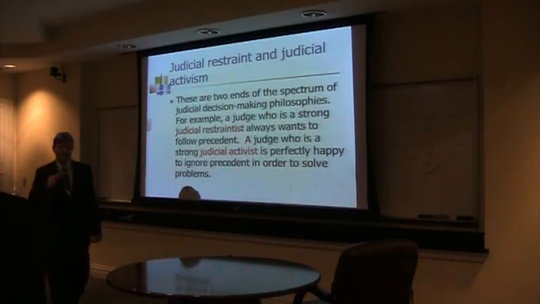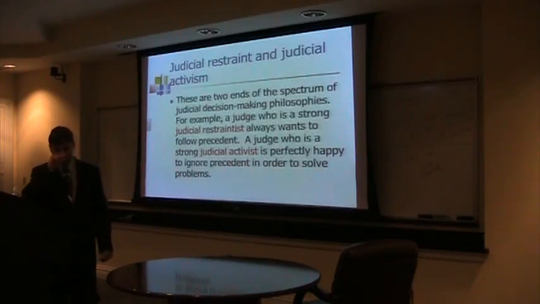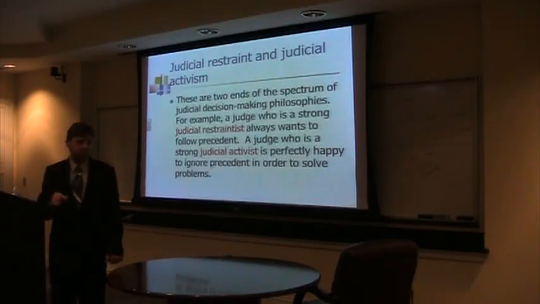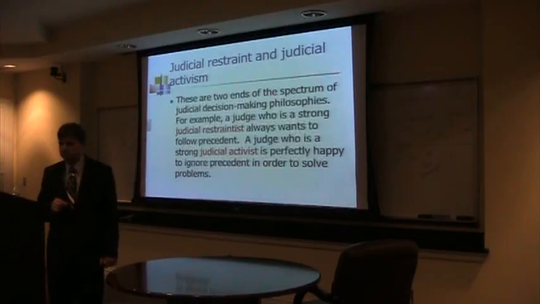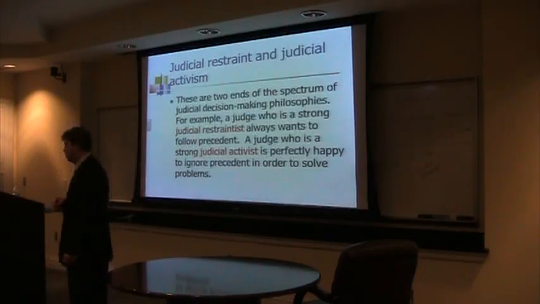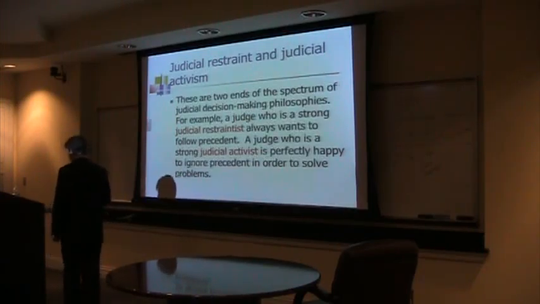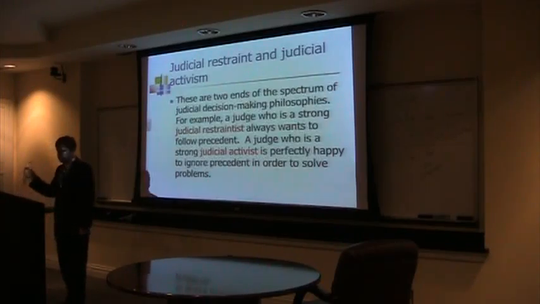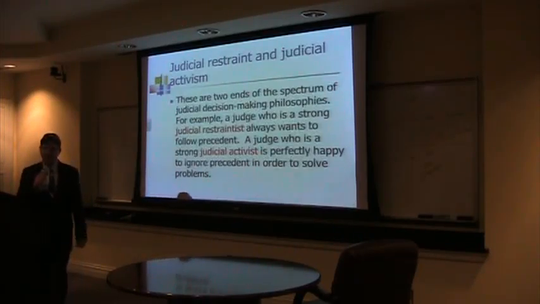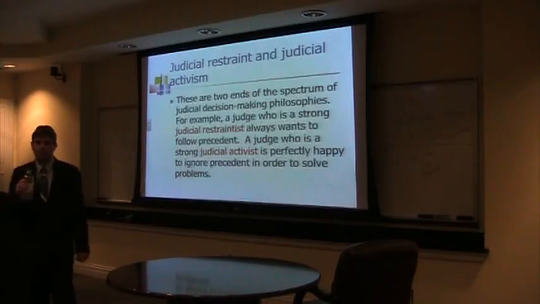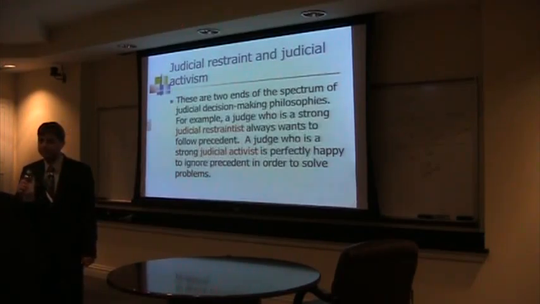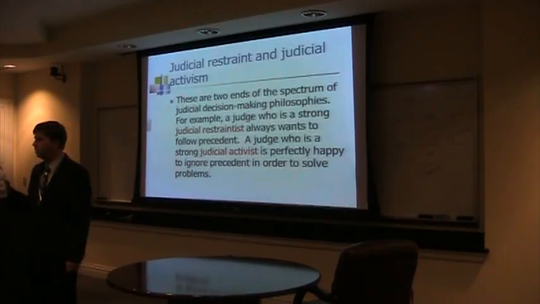So judicial activism is when a court uses its power of judicial review to overturn or strike down actions or laws of other areas or departments of the government. What's judicial review?